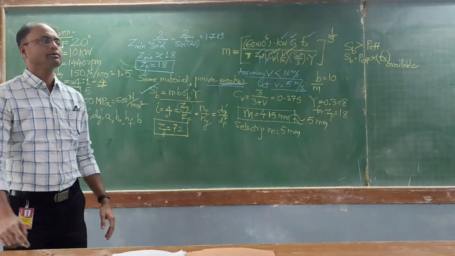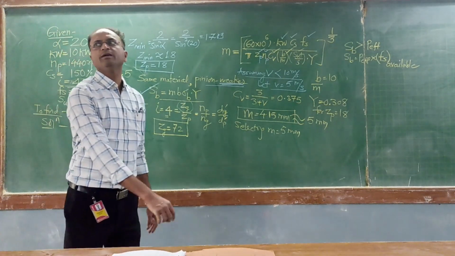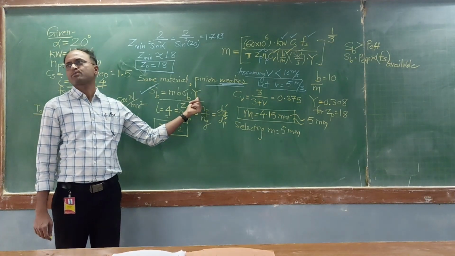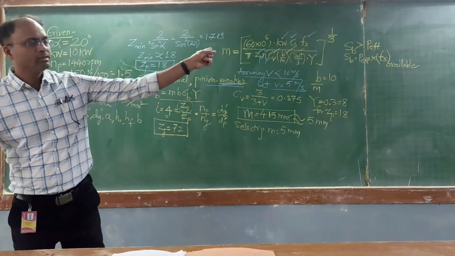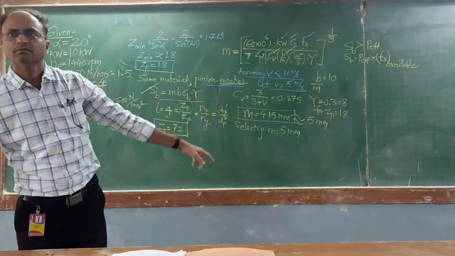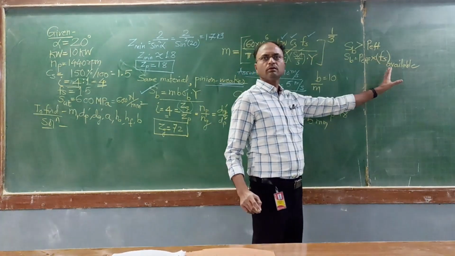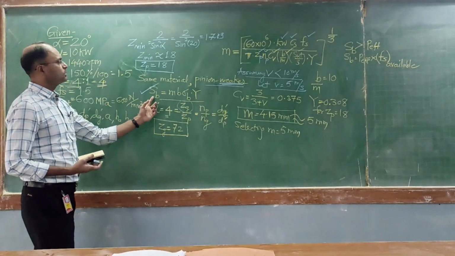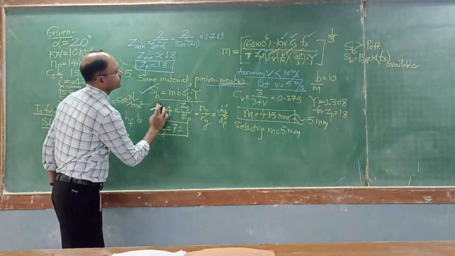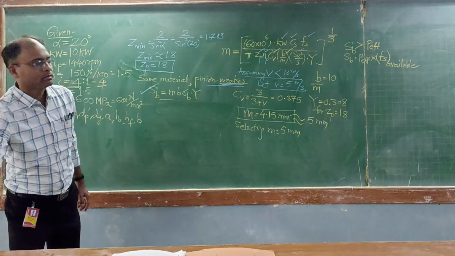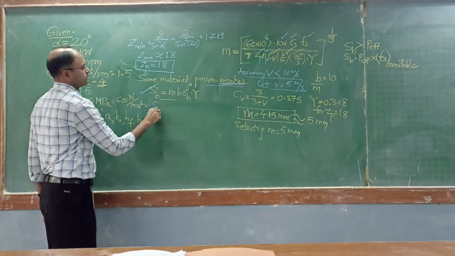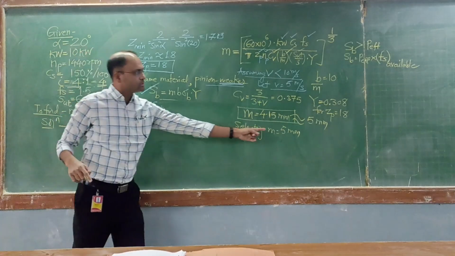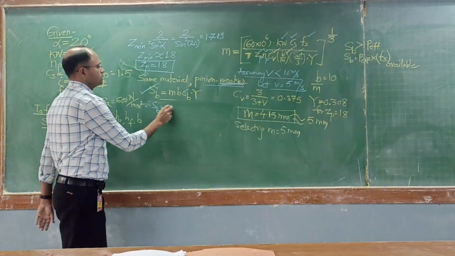Which equation to be used? SB is equal to M B sigma B Y. Is it visible? Nice. So using SB is equal to M B sigma B Y, module is now the selected value, 5.